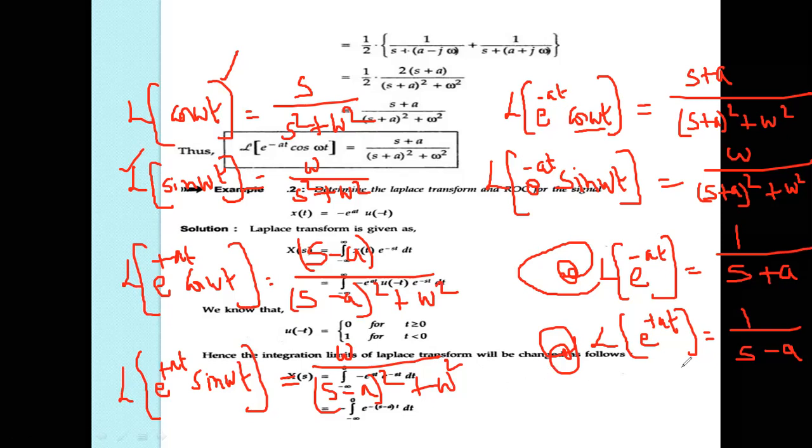Wherever the s is there, you can replace it with s minus a when it is multiplied with e power plus at. Got it, my students? These are all online bits only. But if given in part A of your external examinations, they are 3 marks questions. Got it, my students?